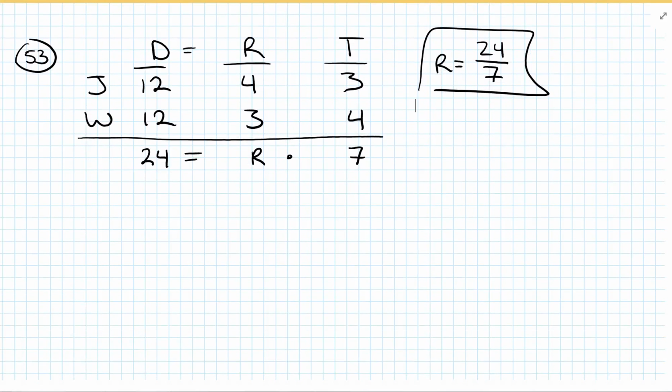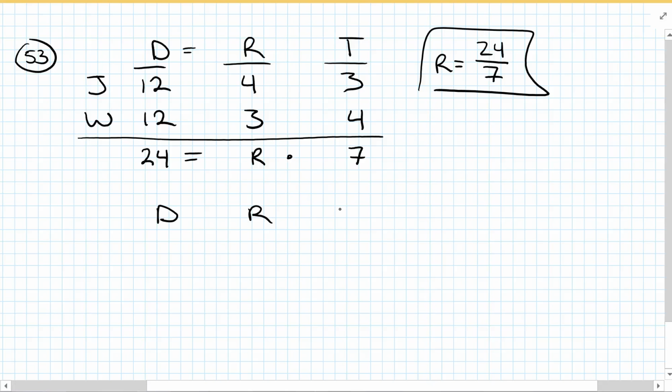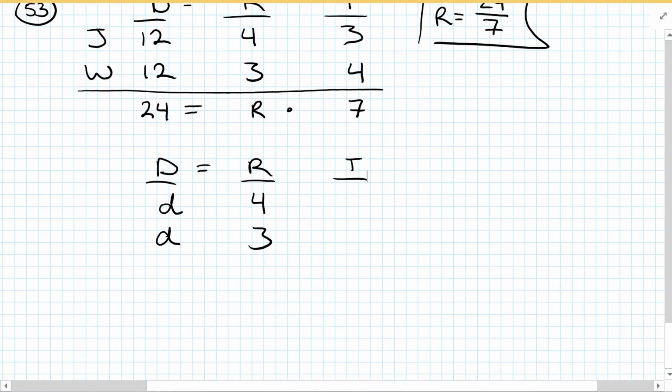So for the first problem, it tells us the rate's 24 over 7. So let's go through now. It tells me in distance, rate, and time. I go distance d at a rate of 4 miles an hour. I go back at a distance d, 3 miles an hour. How do I find my new rate?